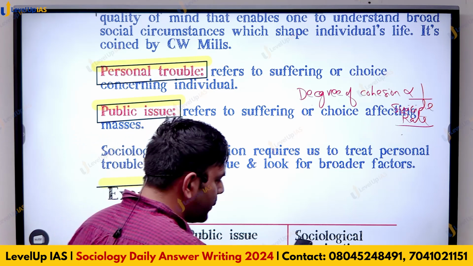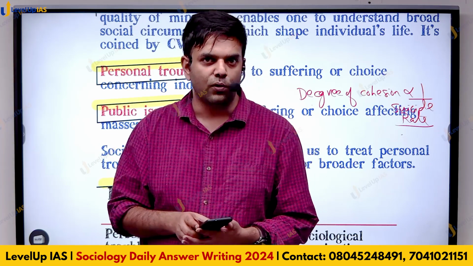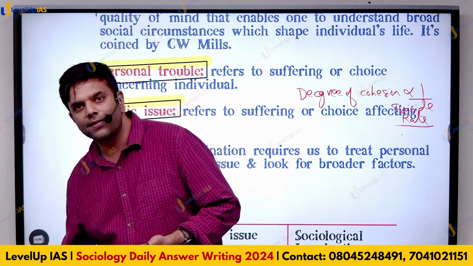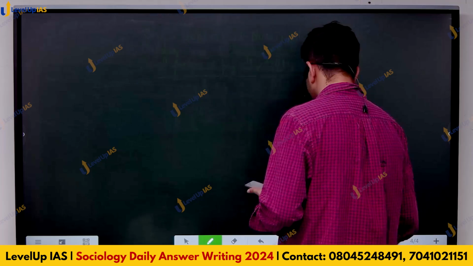Okay. How do you explain the growing multidisciplinarity in sociology? This was one homework question. I'll only discuss structure. Okay. What should be the structure of such questions?